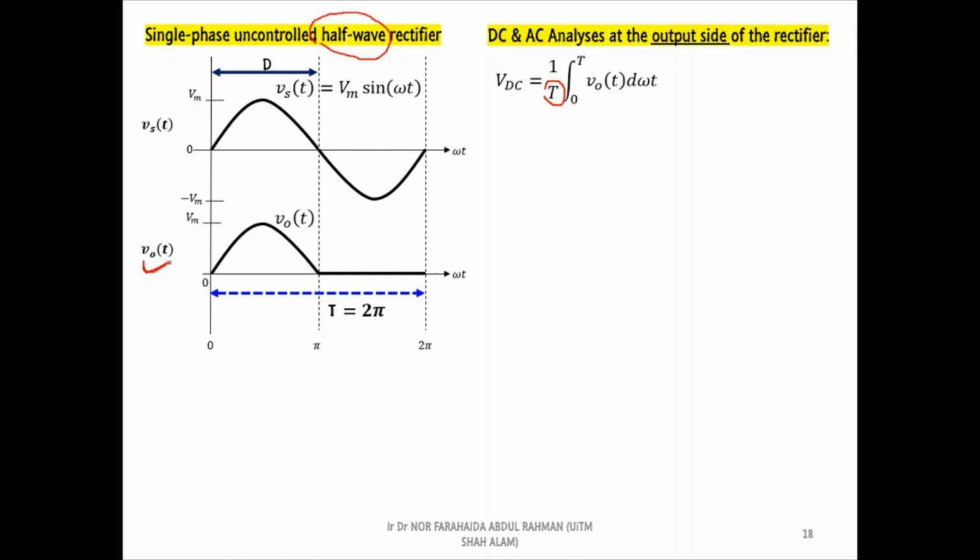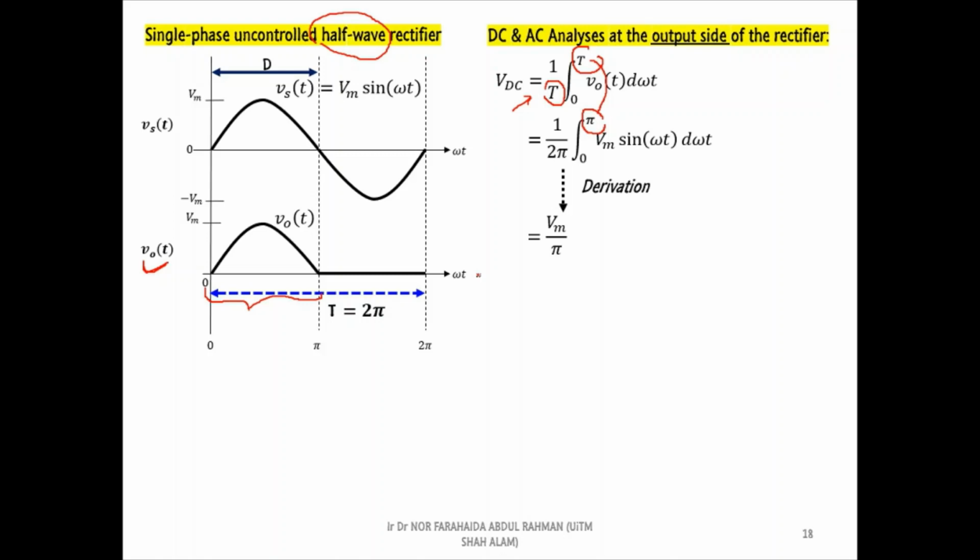Hence, we can rewrite the general equation by replacing the T with 2 pi. However, since the area under the graph can be calculated between 0 and pi, this T should equal pi only. Based on a complete derivation of the equation, the average output voltage is equal to Vm per pi.